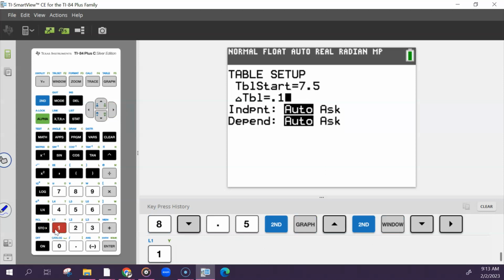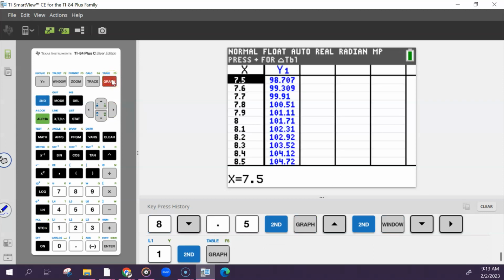And then go back to my table, second graph. So now I see a little bit more clearly where this changed. So like at 7.8, it was greater than 100. So I could write that. You could keep doing that if you want to find the exact, but 7.8 is fine.